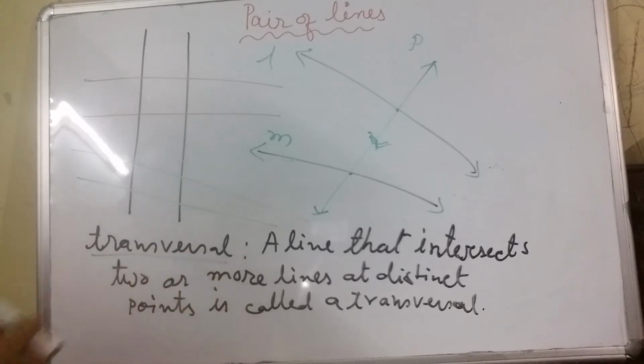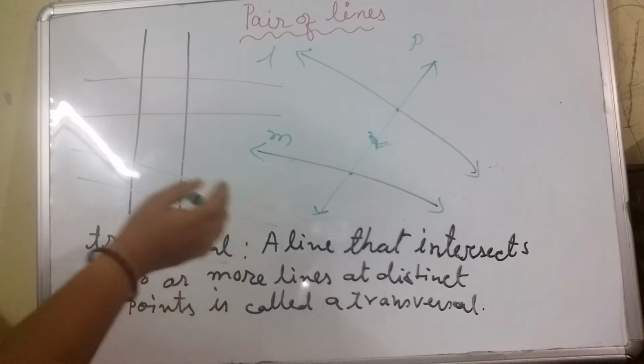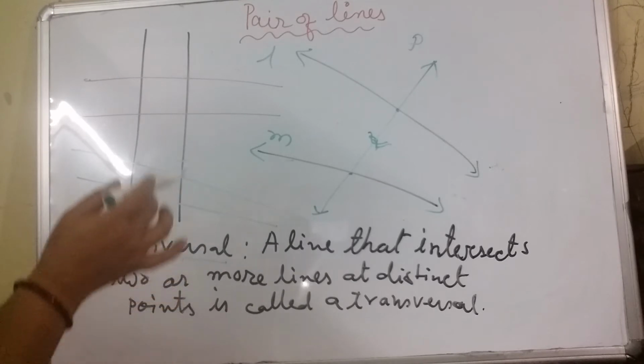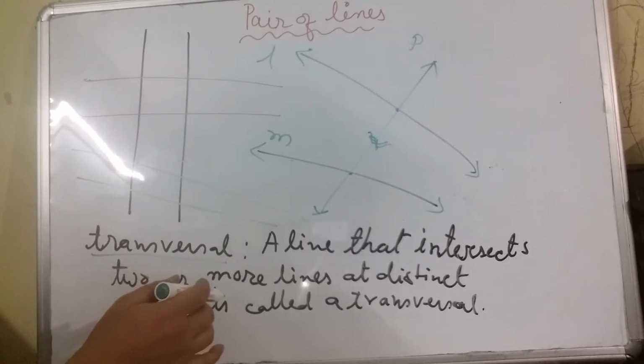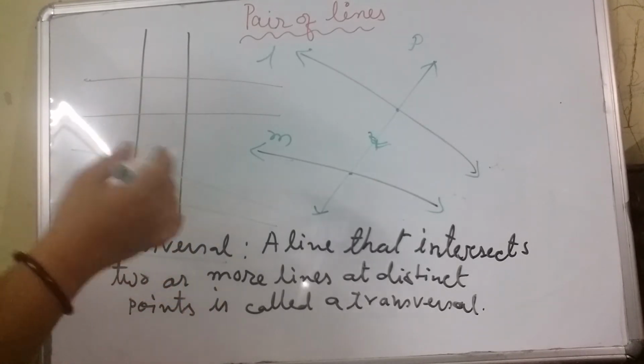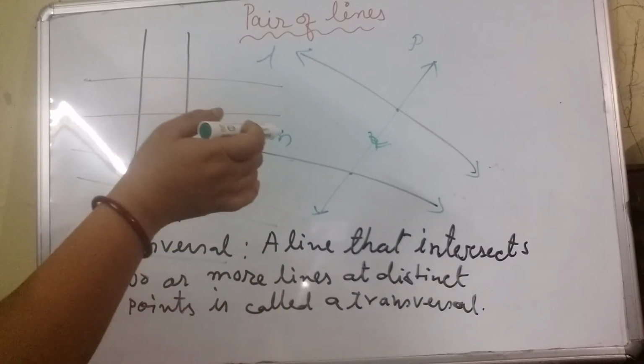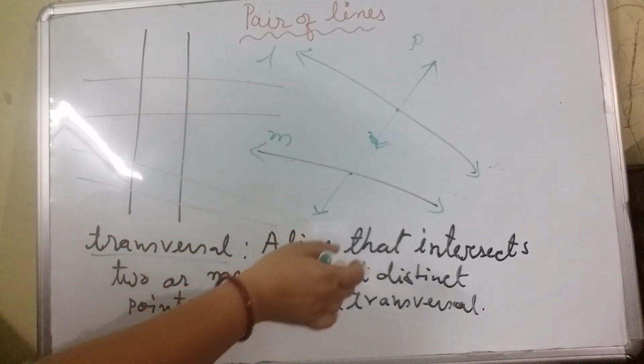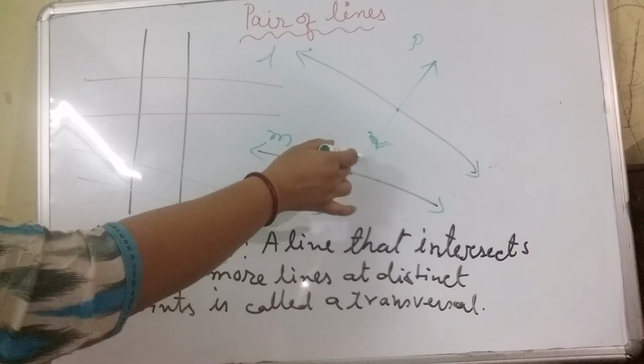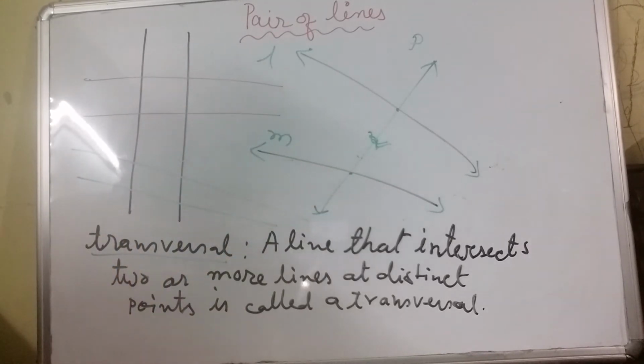So a transversal is a line that intersects 2 or more lines at distinct points. That means when a line intersects 2 or more lines at different points, that line is called a transversal. Okay.